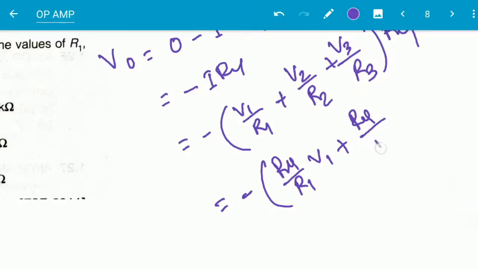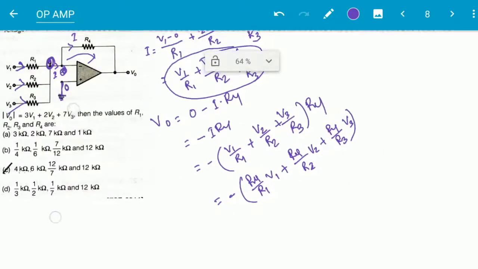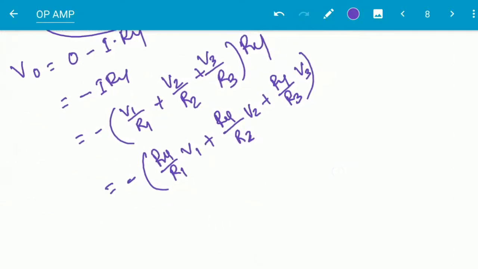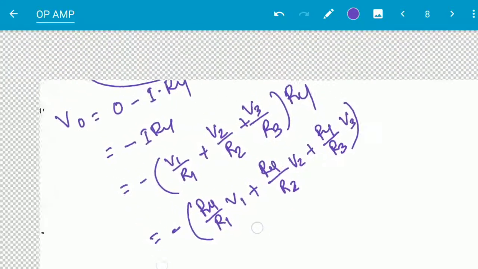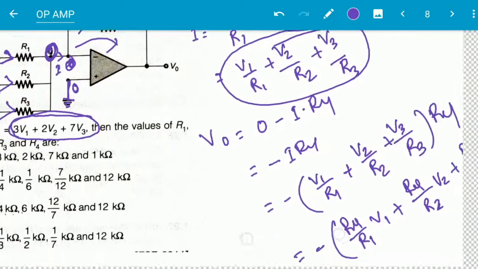So we have to convert to this form, V2 plus R4 by R3 V3. This is the form, and here all the options are given. We have to consider the options. Here the magnitude of V output is given as 3V1, 2V2, 7V3.